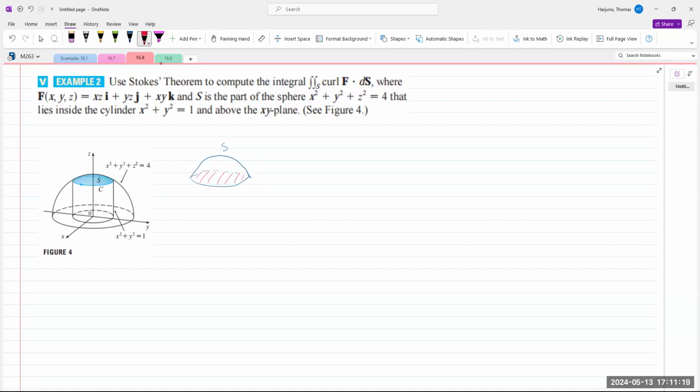Okay, let's call this S2. So the double integral over S of curl of F dot dS should equal the double integral over S2 of curl of F dot dS. Is that right? Now the nice thing about S2 is the vector normal to it is 0, 0, 1.